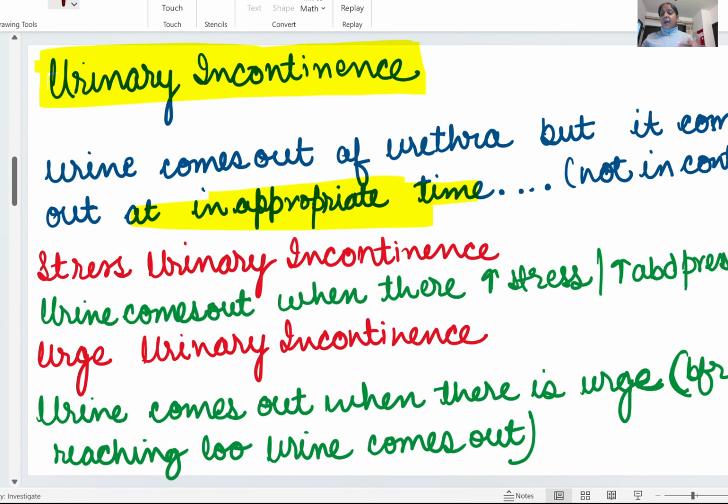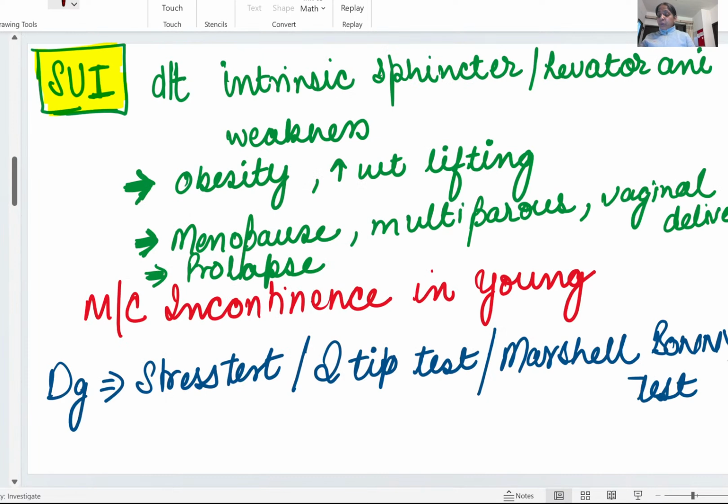That is, as the urge comes, the urine leaks. Mainly questions come on stress urinary incontinence, so we will discuss that only. Why is it there? What is the etiology behind stress urinary incontinence? The intrinsic sphincter weakens.